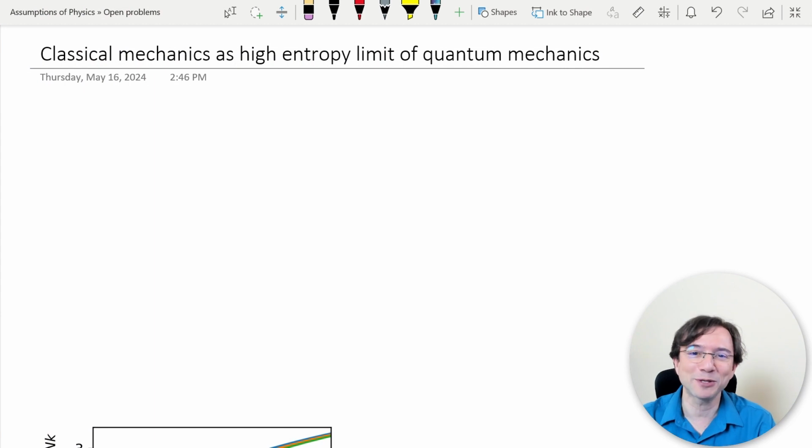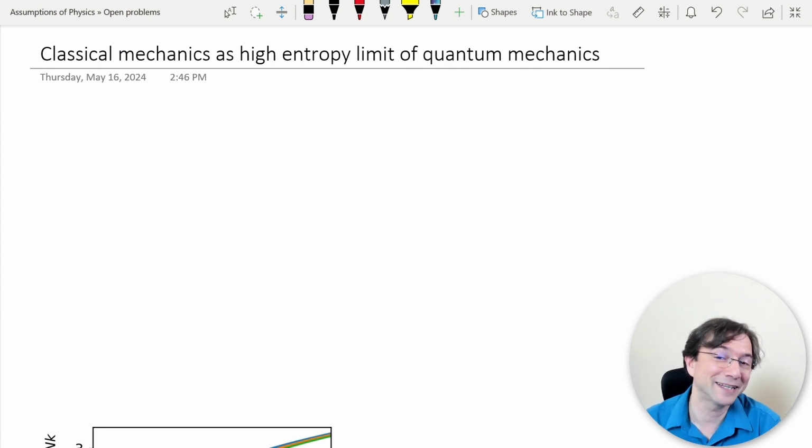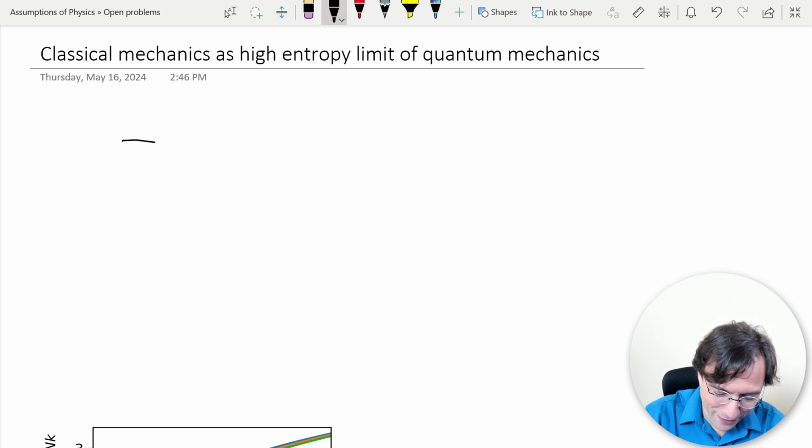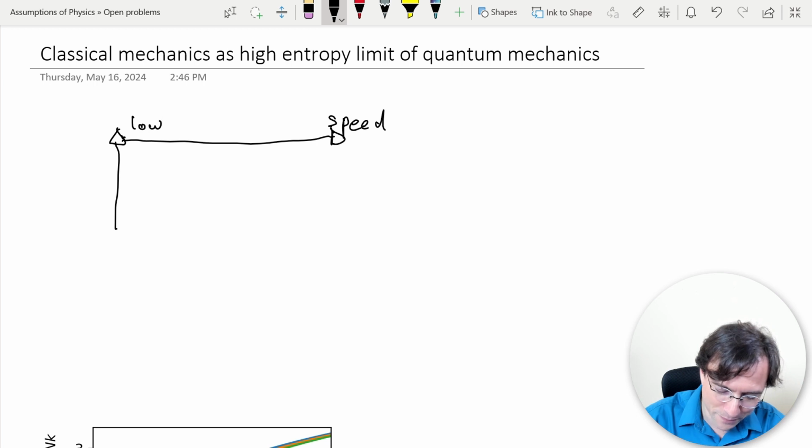So the topic today is the classical limit of quantum mechanics and how to get to it. If you study physics, very likely you have seen something along this line. You have two axes, and you have speed on this side, low speed and high speed.